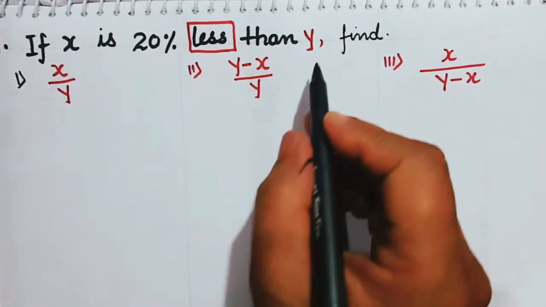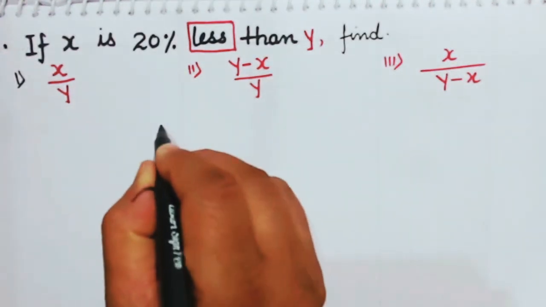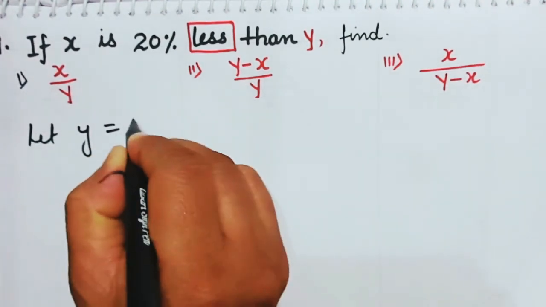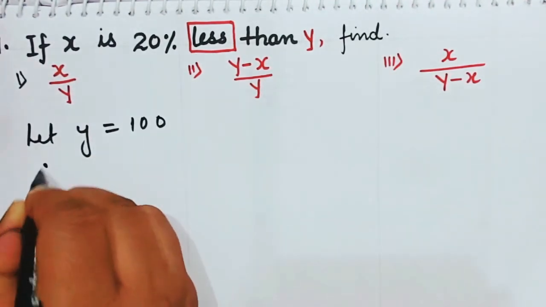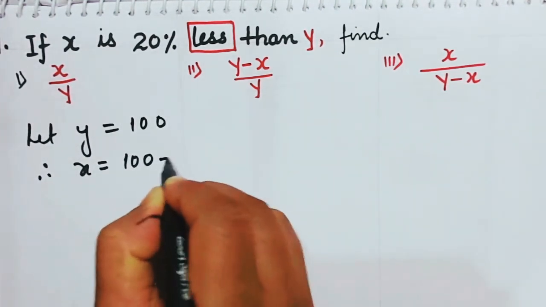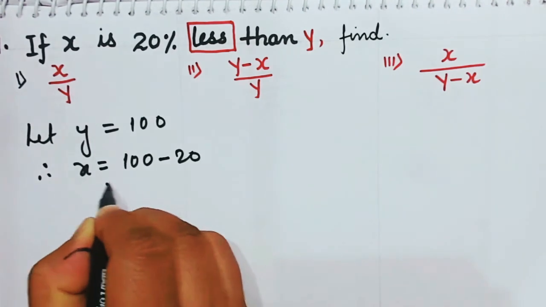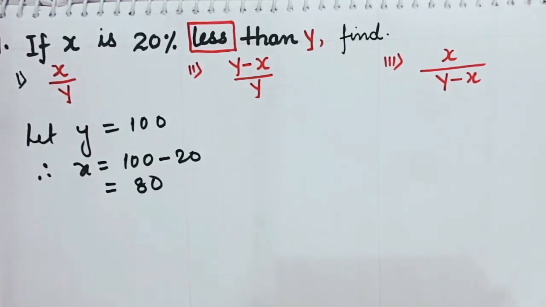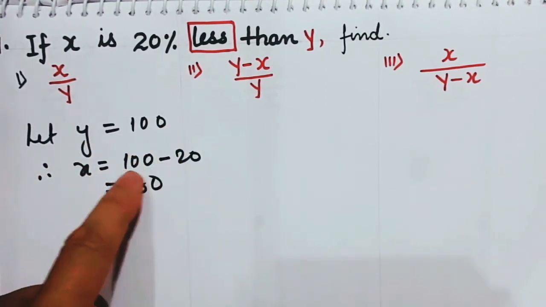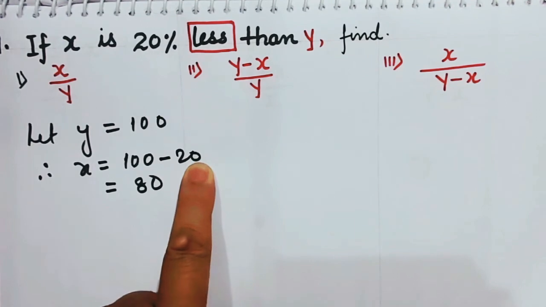So let's take y as 100. Let y is equal to 100. Therefore, x will be equal to 100 minus 20, which is 80. See, everything became simple. Since I took y is equal to 100, x is equal to 100 minus 20%.